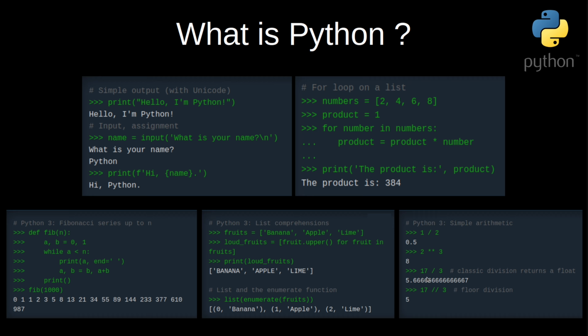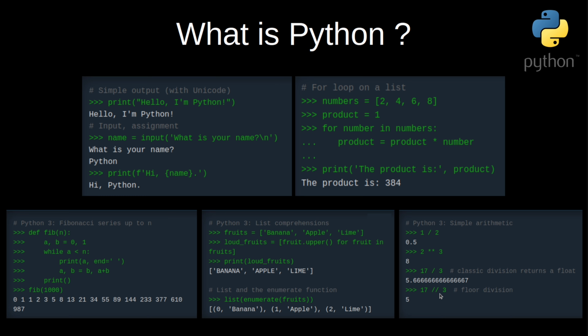Here we have 17 divided by 3 for showing an example of a float output: 5.666 and a 7 at the end. And in this last expression here, we have 17 // 3, which is the floor division.